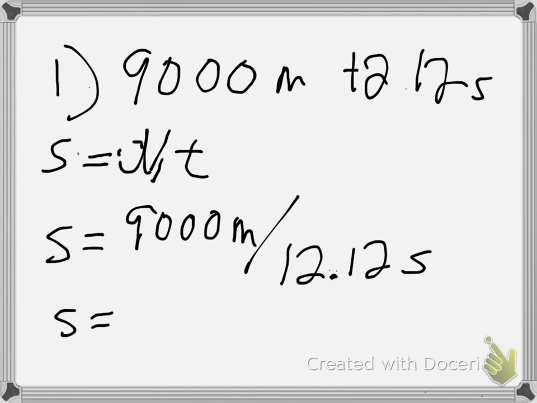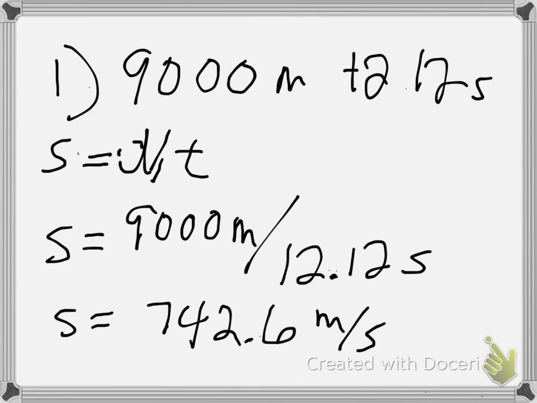I'll do this on my calculator. 9,000 divided by 12.12, and you should get something like 742.6, and that is in meters per second.